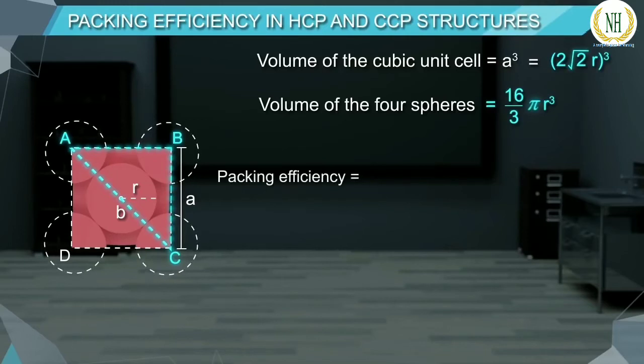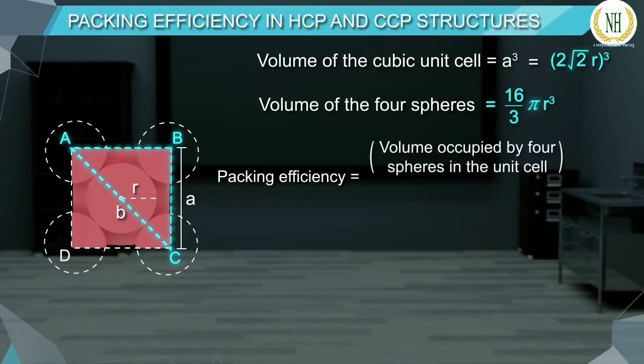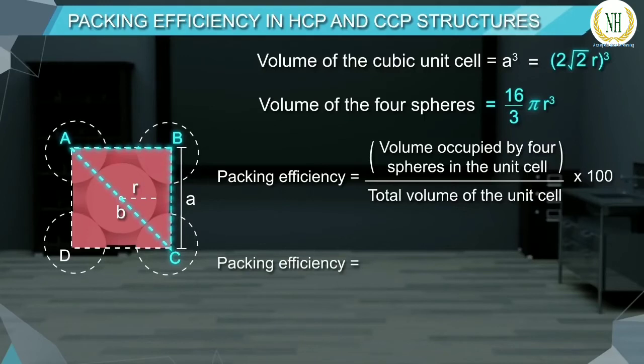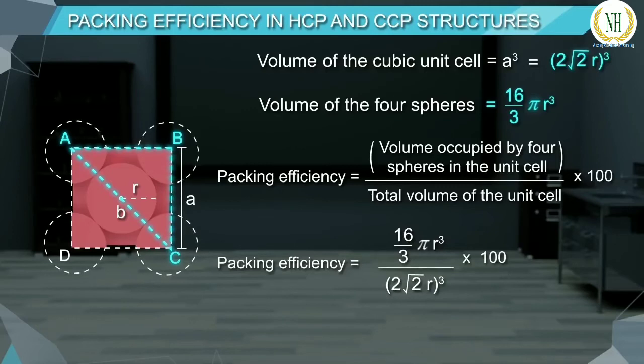Packing efficiency is equal to volume occupied by 4 spheres in the unit cell times 100 by total volume of the unit cell, in percentage. That is 16/3 πr³ times 100 by (2√2 r)³, which is 16/3 πr³ times 100 by 16√2 r³, which is equal to 74%.